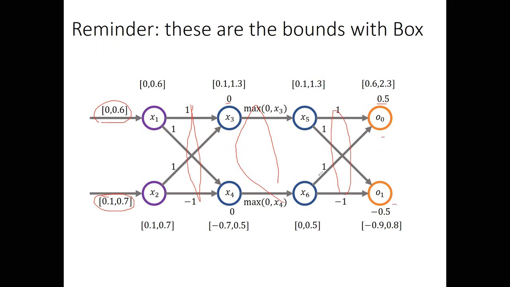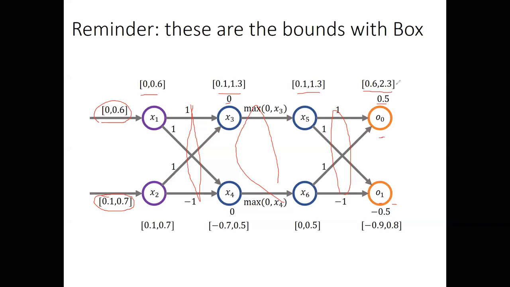So we are going to be encoding this network. We took the network, we ran the box relaxation, we computed the lower and upper bounds for every neuron, and now we're going to use this to encode the entire MIOP problem to try and prove that the values for O0 are always greater than the values of O1.